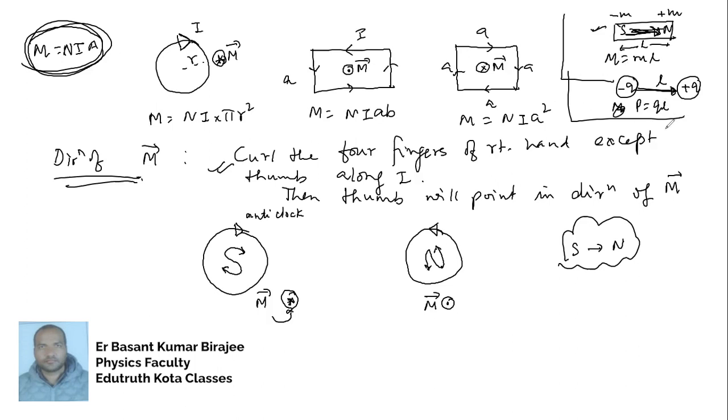And here in the bar magnet, you have a south pole and a north pole, that is, minus m and m, and that is the direction of the magnetic moment. And see here, the magnetic moment is pointing in. What is the direction of the thumb here? If we curl the four fingers of the right hand along the current, what will be the direction of the thumb?